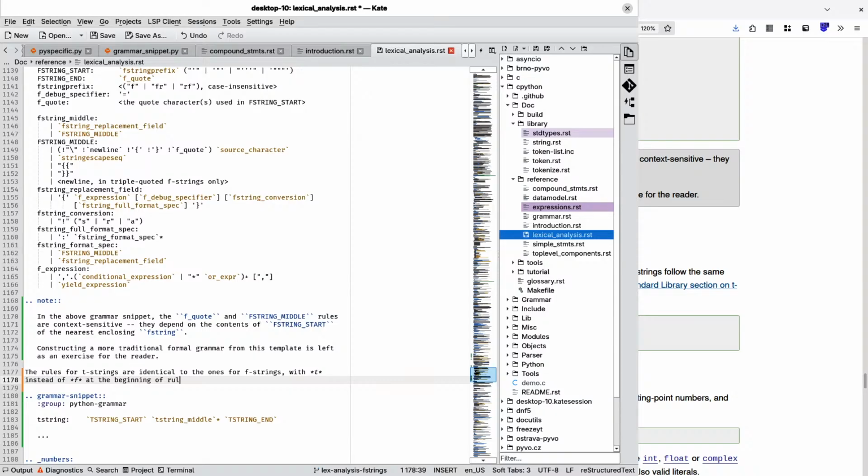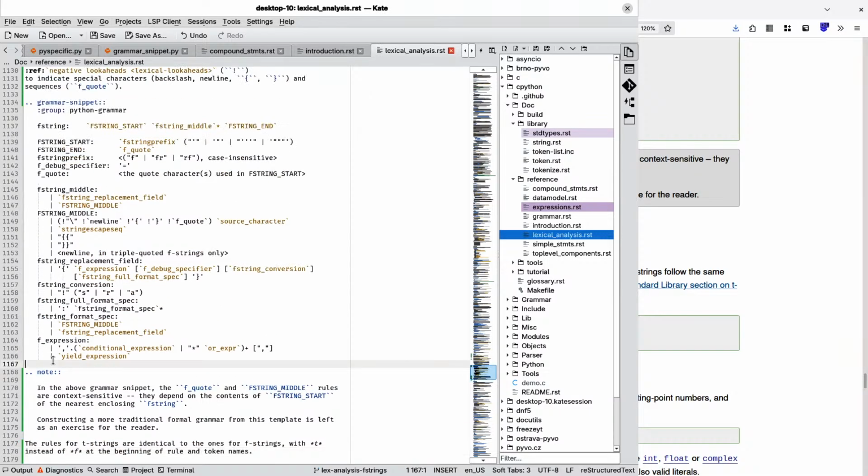Fair enough, but I think it makes it harder. If I'm doing a Control-F for t-string middle or something like that, that term doesn't exist in the grammar part of the reference. So if I'm doing a search in the documentation, I can't find it.